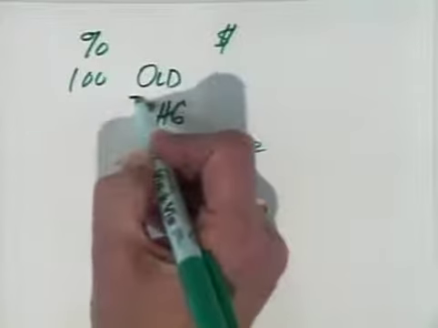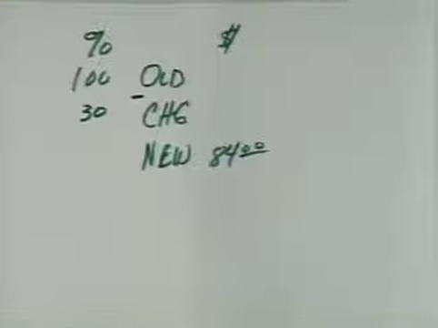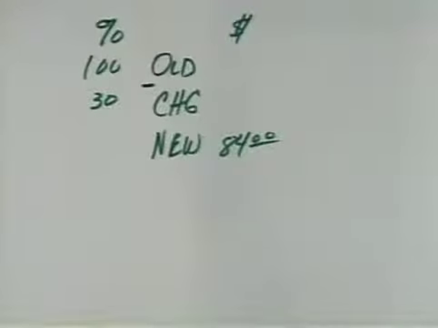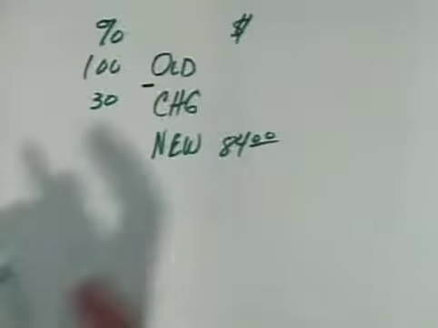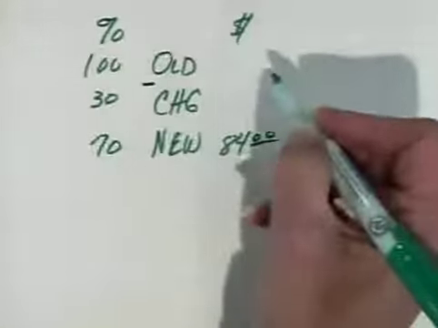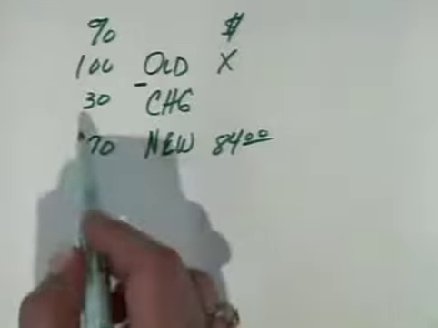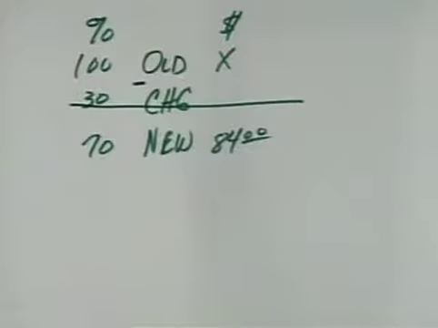We know that it was a markdown. I'm going to put a negative right there, 30%. So what percent is the new item of the old? 70, that's right. Instead of adding, I subtract because it's a markdown. I'm looking for old price. I can therefore ignore the middle and set up my proportion.